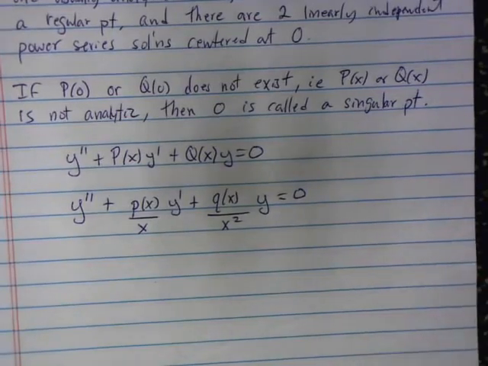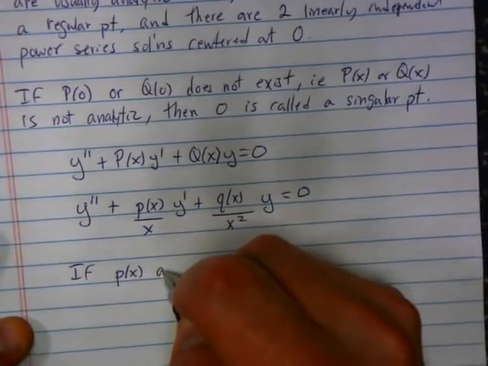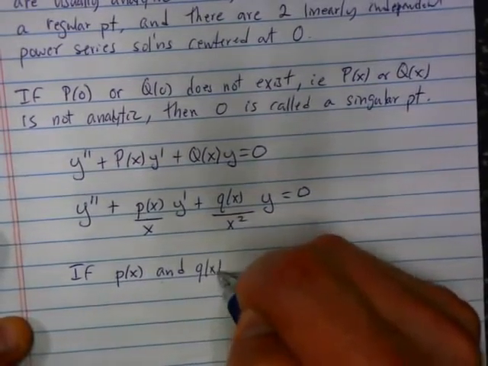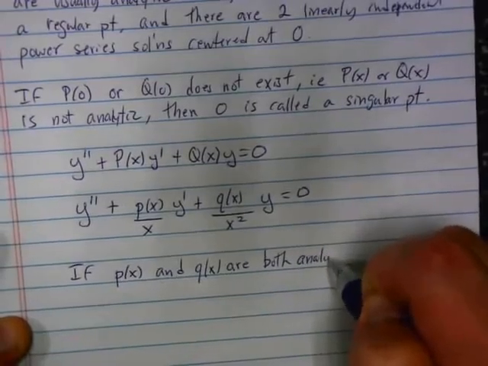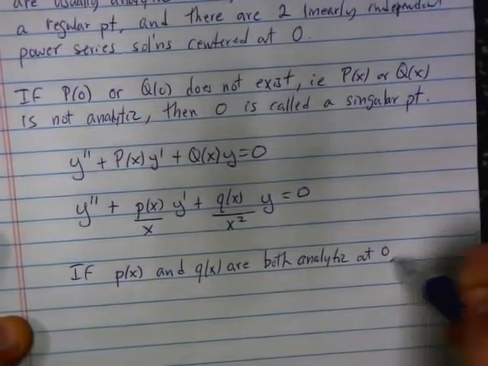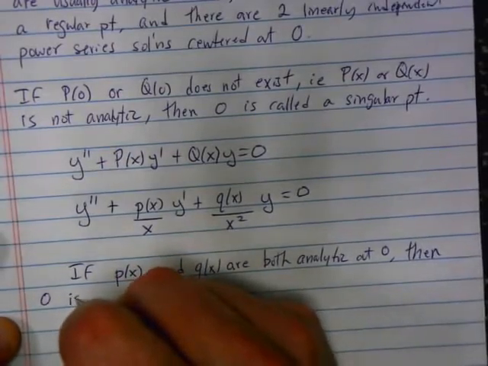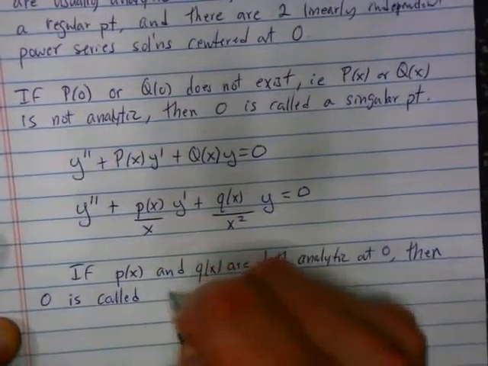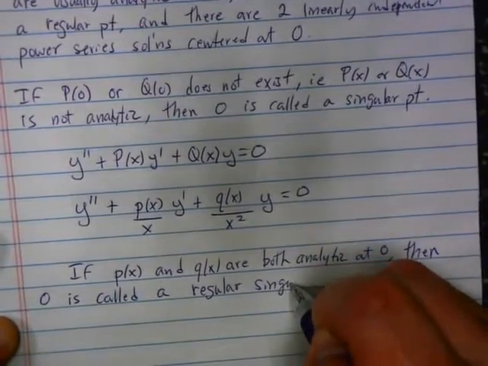If little p and little q are both analytic at 0, then 0 is called a regular singular point.